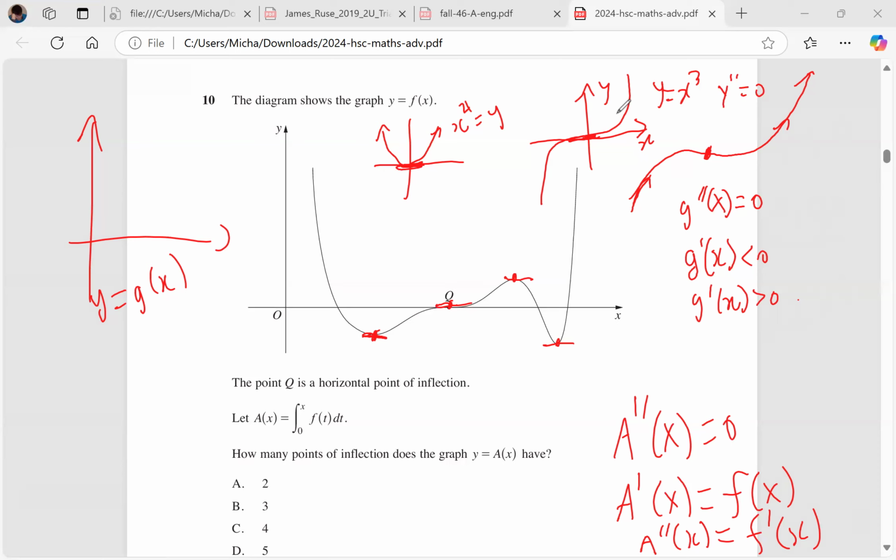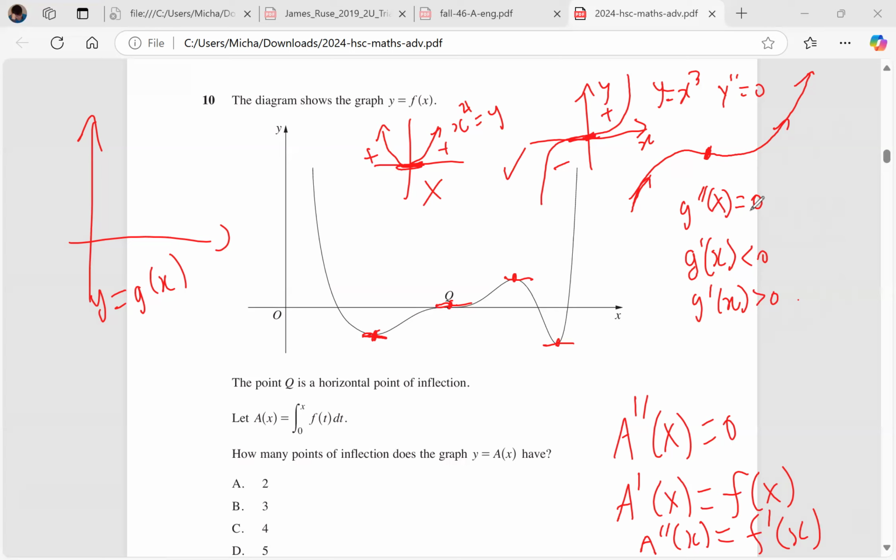The first derivative is always positive the whole time, right? And it's 0 in the middle. The second derivative is negative here and positive here. So the second derivative is what changed signs. Here the second derivative never changed signs. It's positive and positive. So here is not and here is yes. Okay, so you want the second derivative to be 0 and it changes signs.